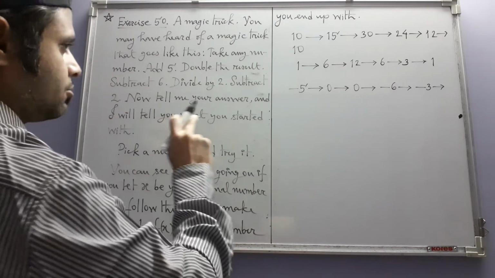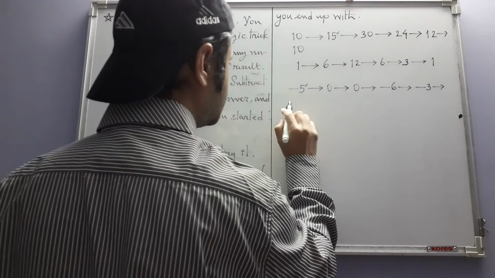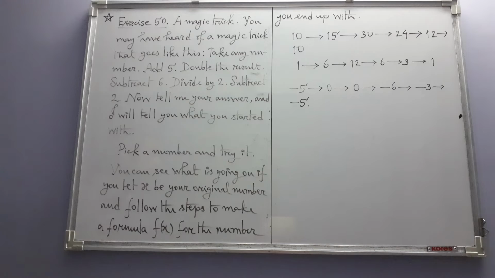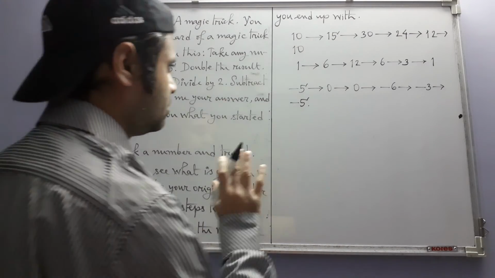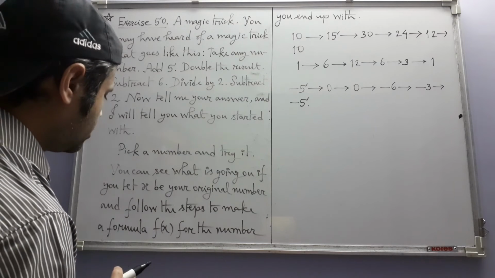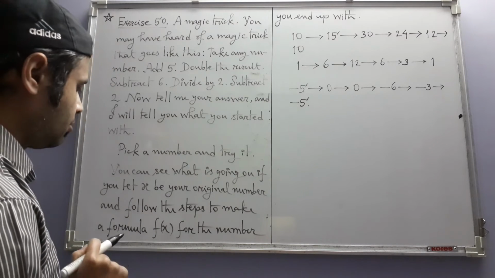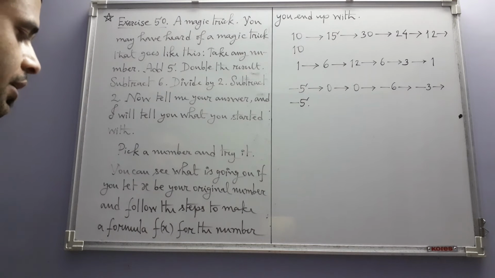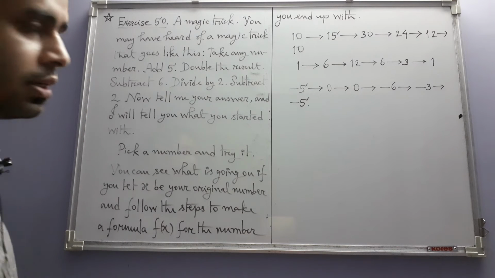And subtract 2, that means -3 minus 2 is -5. Yes, so we are getting what we started with. You can see what is going on if you let x be your original number and follow the steps to make a formula f of x for the number you end up with.